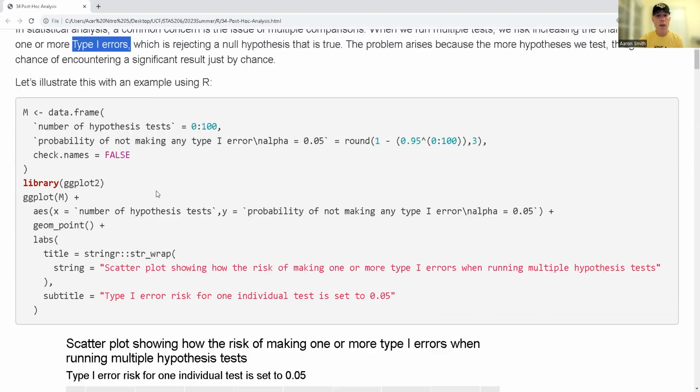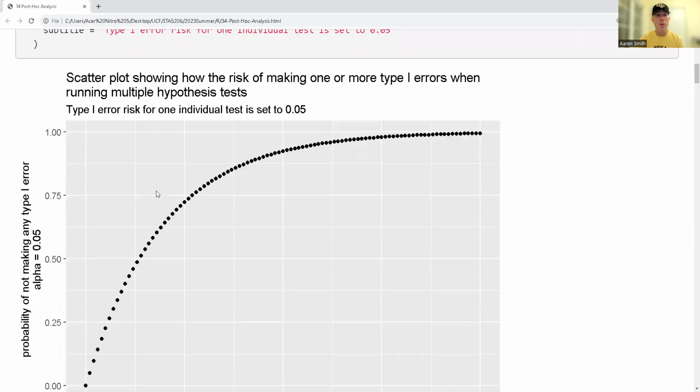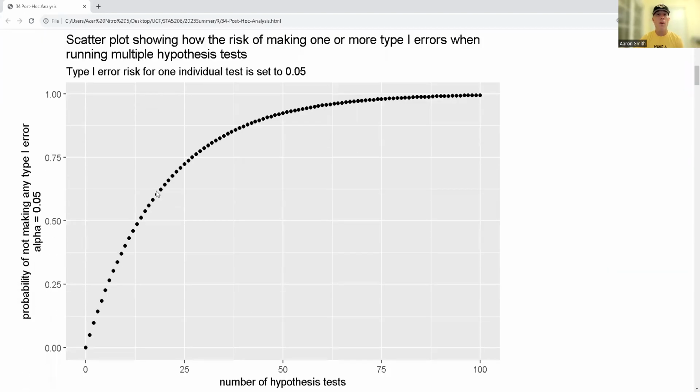All right, so let's take a look at a visualization of the probability of making a type 1 error, one or more of them, when I set the alpha value to 0.05 for each individual test. So I'm in a situation, I'm going to make multiple hypothesis tests, and for each individual one, I'm going to reject the null hypothesis if I see a p-value less than 0.05. All right, so very standard.